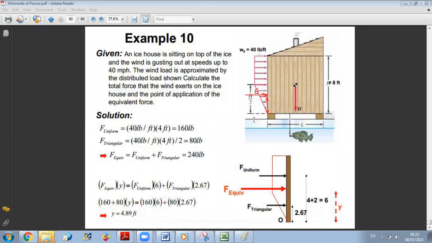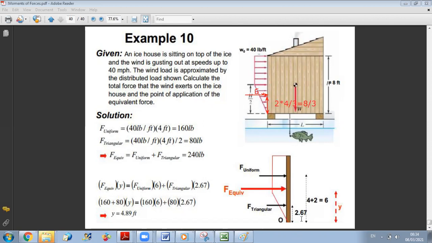So from O the distance is 2/3 times 4, so 2 times 4/3 equals 8/3, which will give you 2.67.